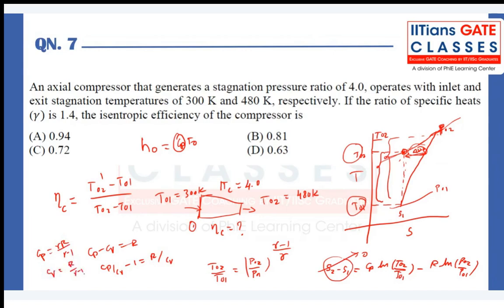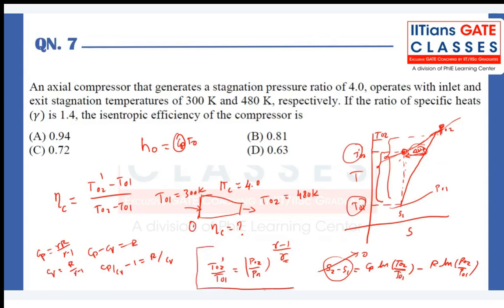So if I use that condition, this can be shown as T02 by T01 as P02 by P01 to the power of gamma minus 1 by gamma. So now, see in this case where my entropy is not changing, that is between point T02 dash to T01, I can use the isentropic relation only for these variables which are falling on the constant entropy line.